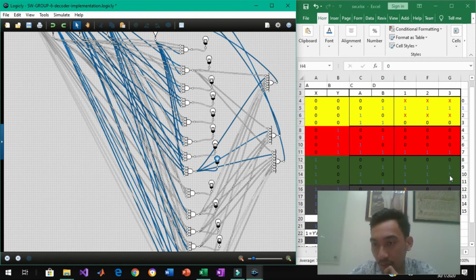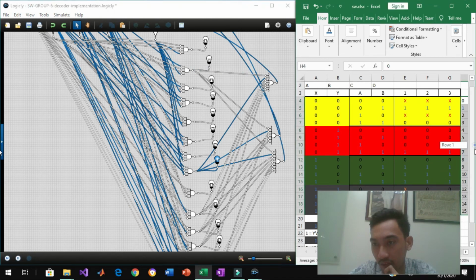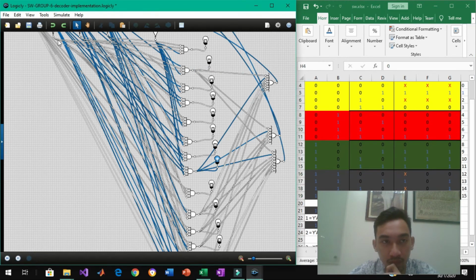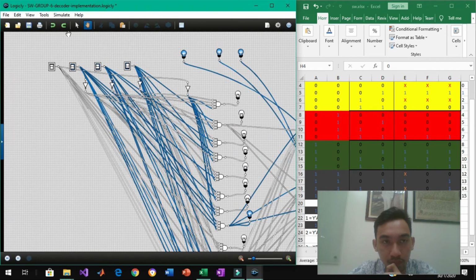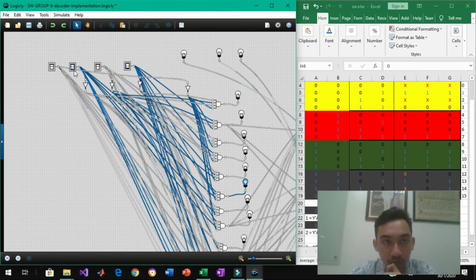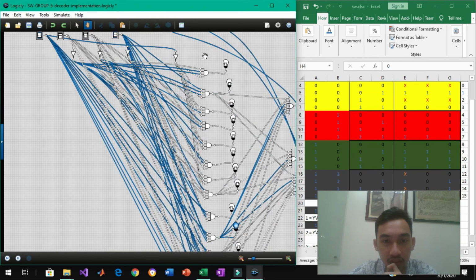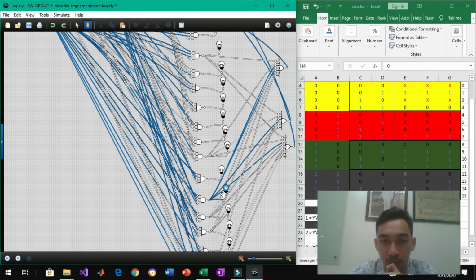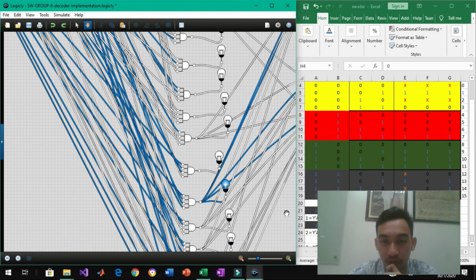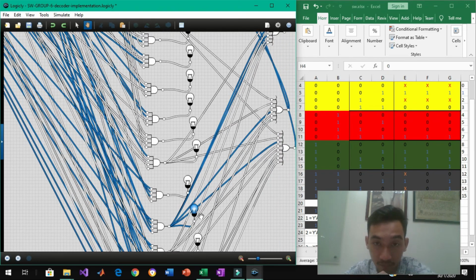And then for 9, 10, 11, this is 9. You can see this bulb. This is the min term 9. It is connected to output 1, 2, and 3.